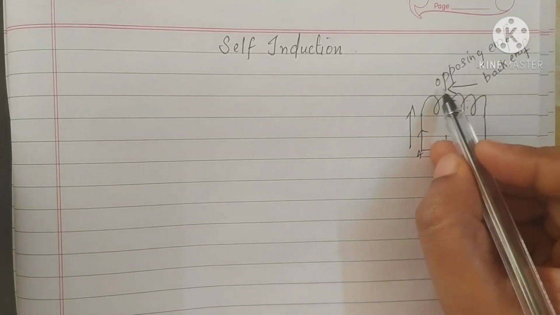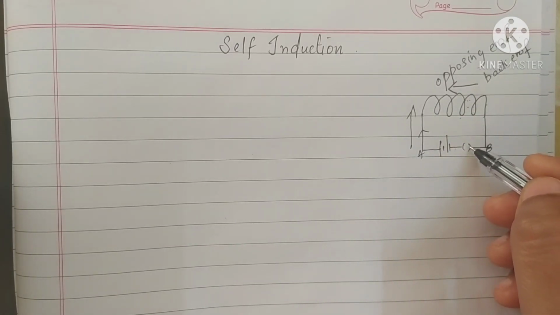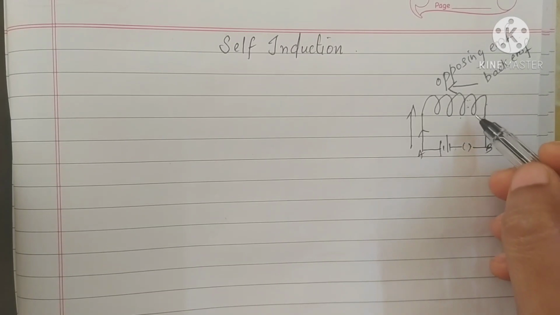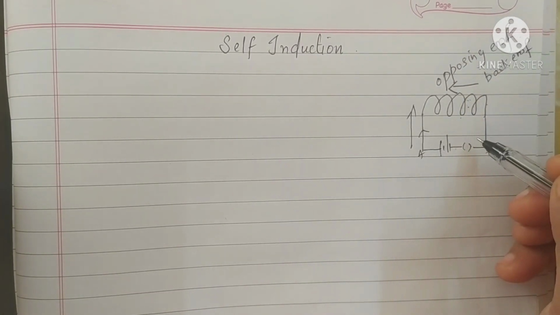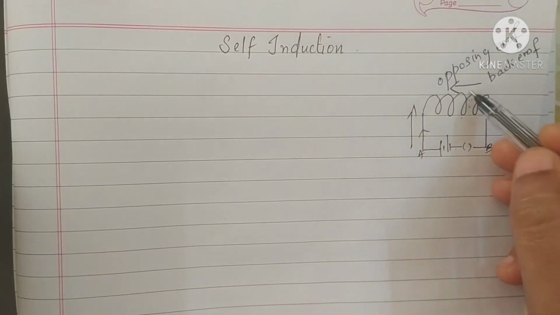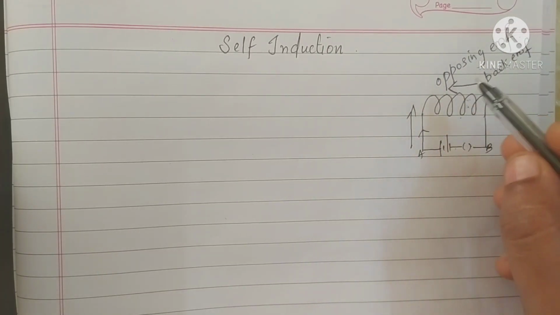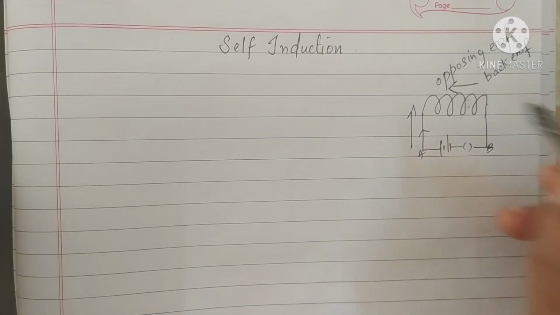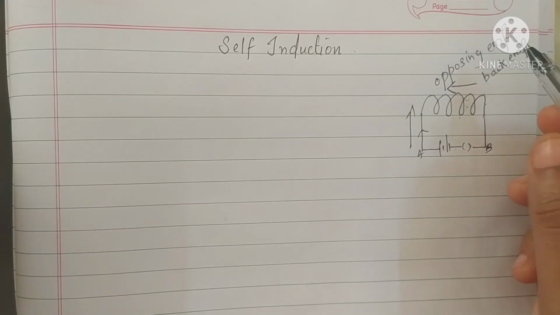At the moment when you switch off the key, the current decreases from a maximum value to 0, so the magnetic flux through the coil decreases from a maximum value to 0, and the induced current flows in the same direction as that of the battery current.